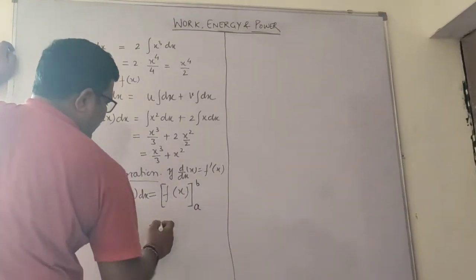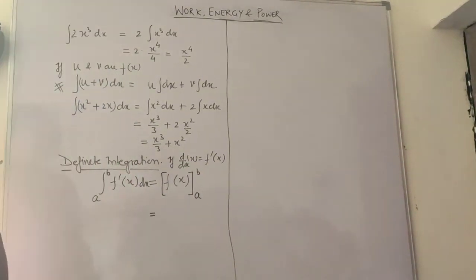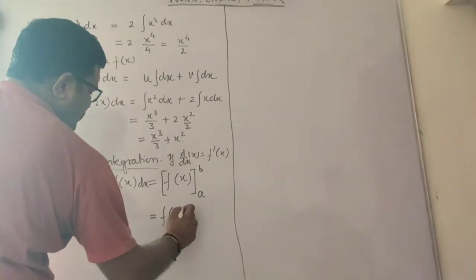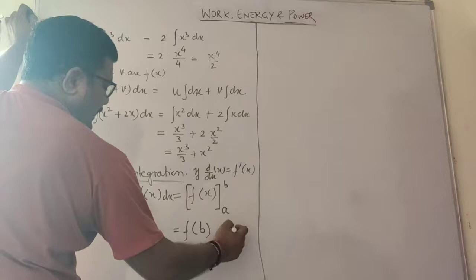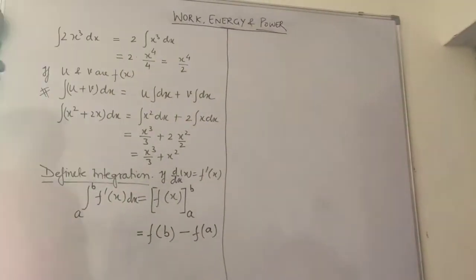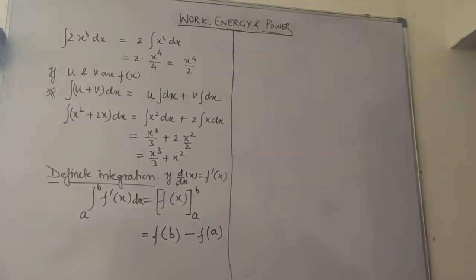Now on solving, first we put the upper limit, so it is f(b). In place of x you put b, and then in place of x you put the lower limit, that is a, and in between you will have a minus sign. This is how you will solve this.